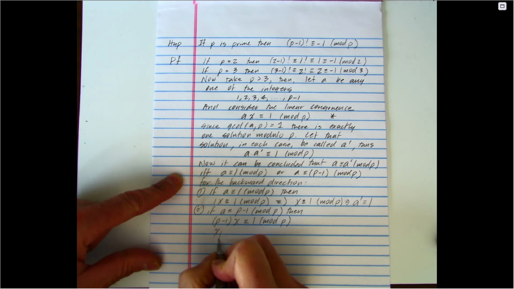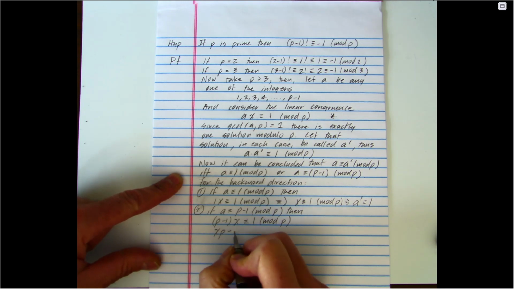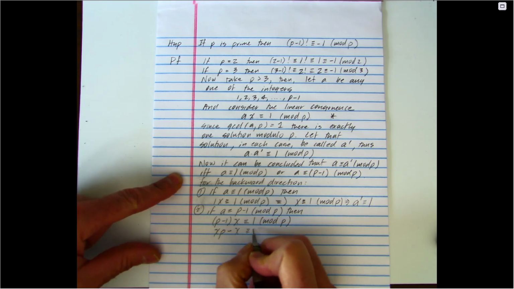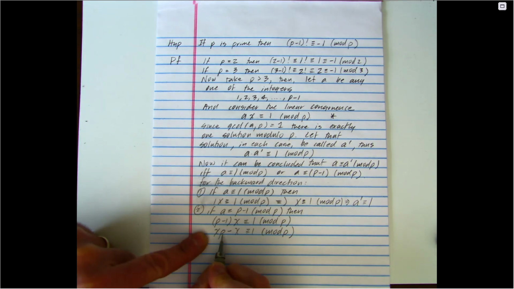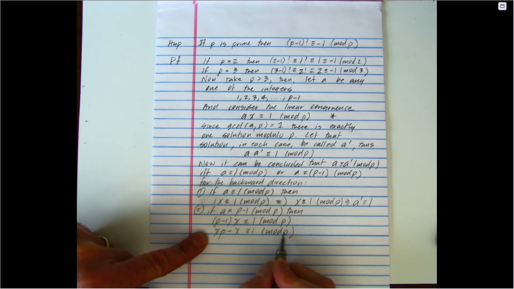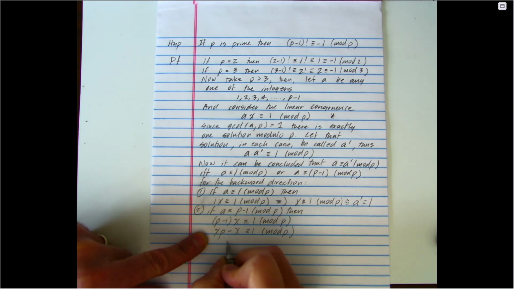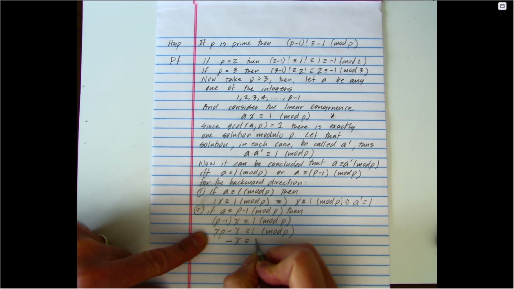We get xP minus x congruent to 1 mod P. It's easy to see that xP is a multiple of P, so this one's just congruent to 0. We get negative x congruent to 1 mod P.